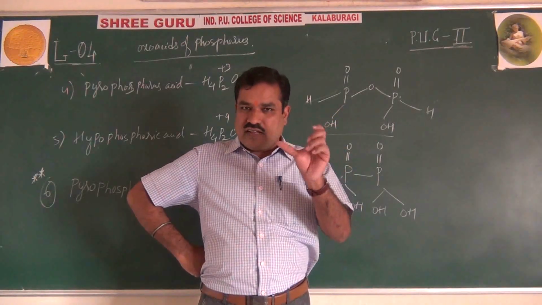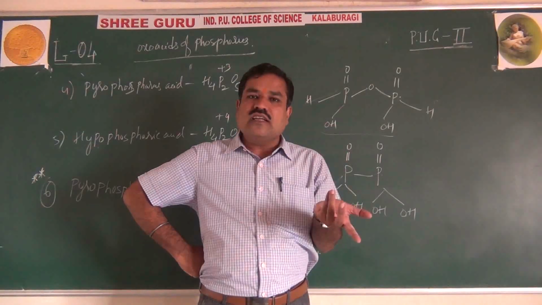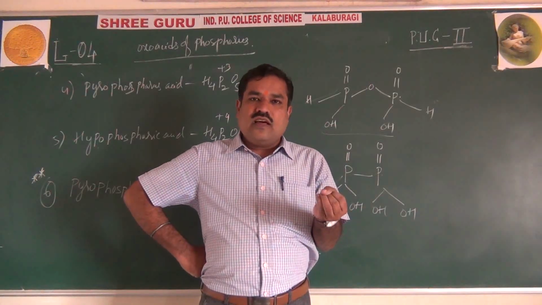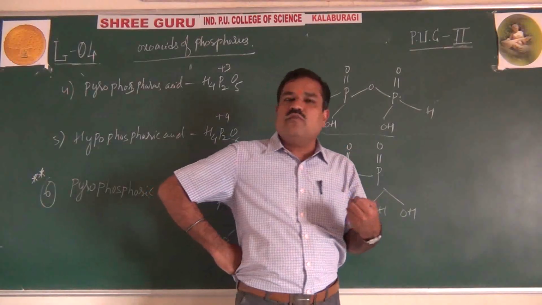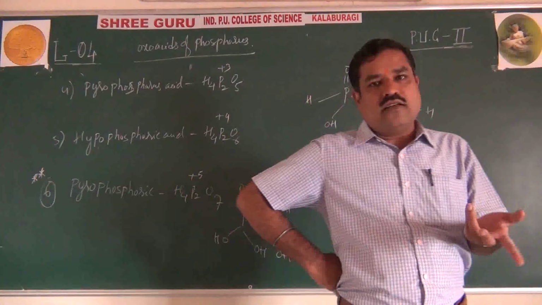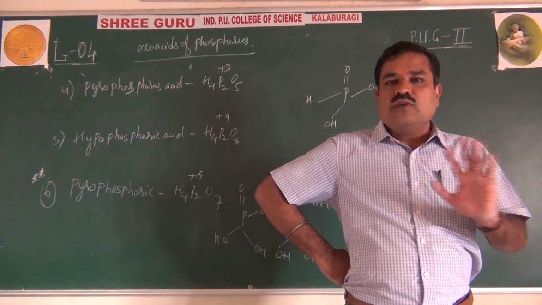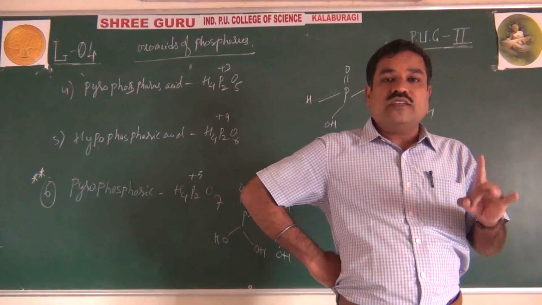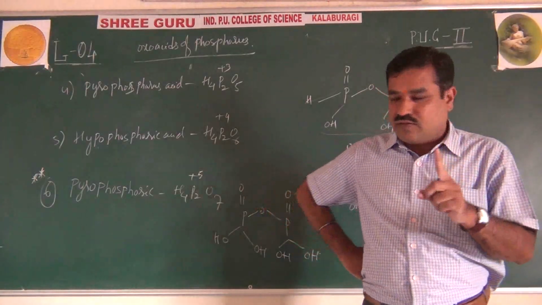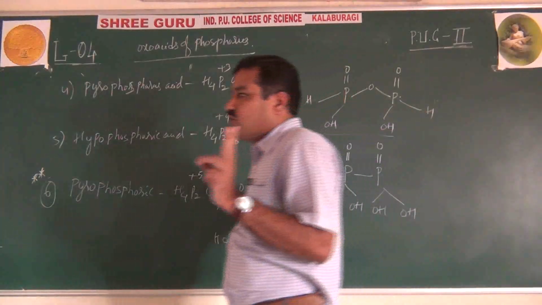OH is ionizable but PH is not ionizable. So those which contain a PH bond act as good reducing agents, and those which contain an OH bond dissociate and show acidic character. Monobasic acid contains one replaceable hydrogen atom, dibasic 2, tribasic 3.